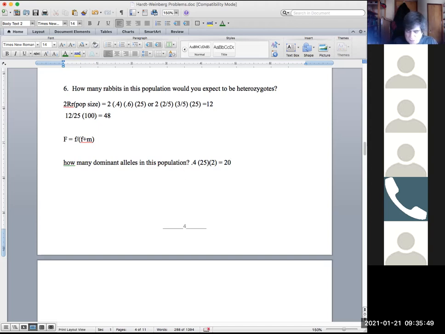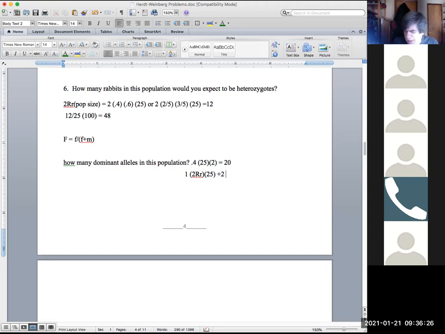We could take all the individuals who are heterozygous, so big R, little r, our Hardy-Weinberg term, and we could multiply that by the number of rabbits in our population, because every heterozygous rabbit has 1 dominant allele.